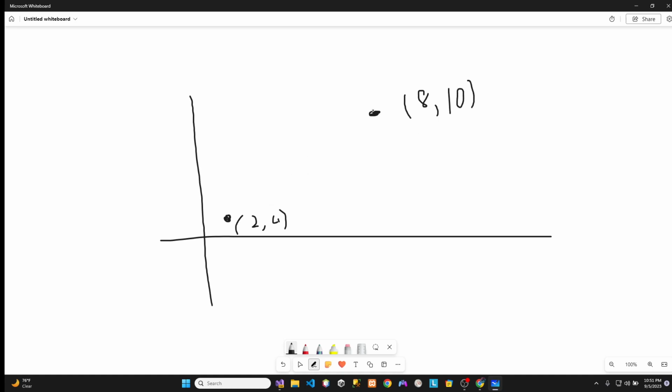It doesn't have to be accurate. When you draw the lines like this, it creates a rectangle for us. This is a rectangle and we have 2 points here.